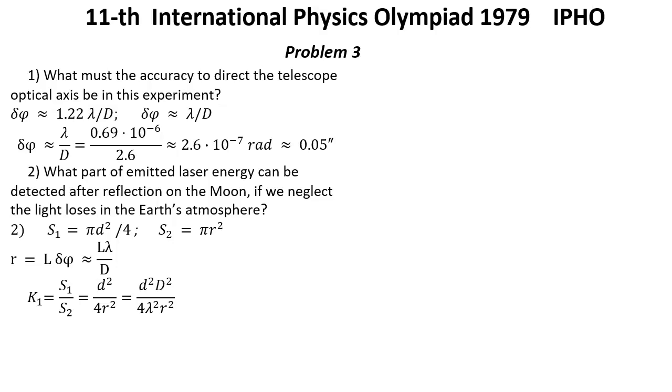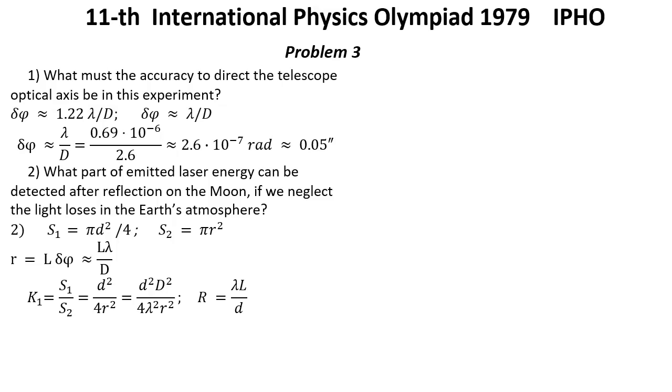So we have the first coefficient K1 equal S1 over S2, or this expression. The reflected light beam diverges as well and forms a light spot with the radius big R on the Earth's surface.